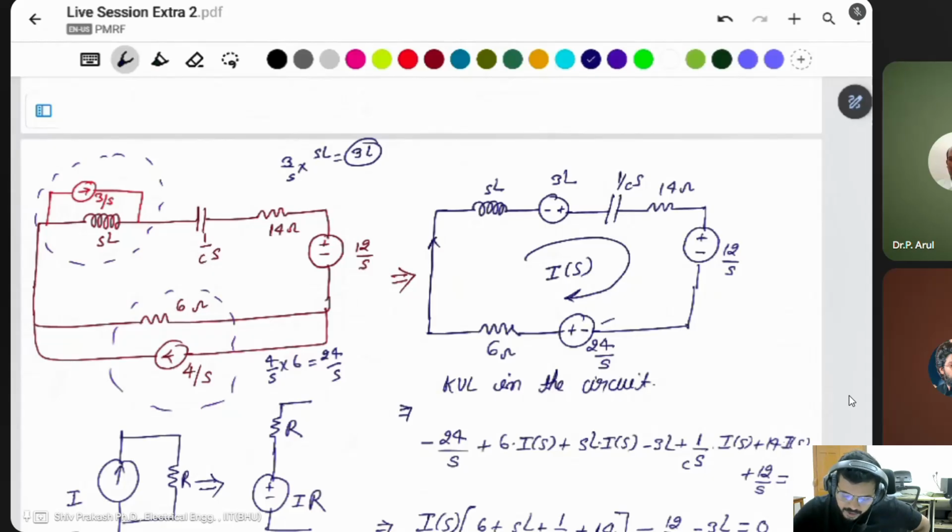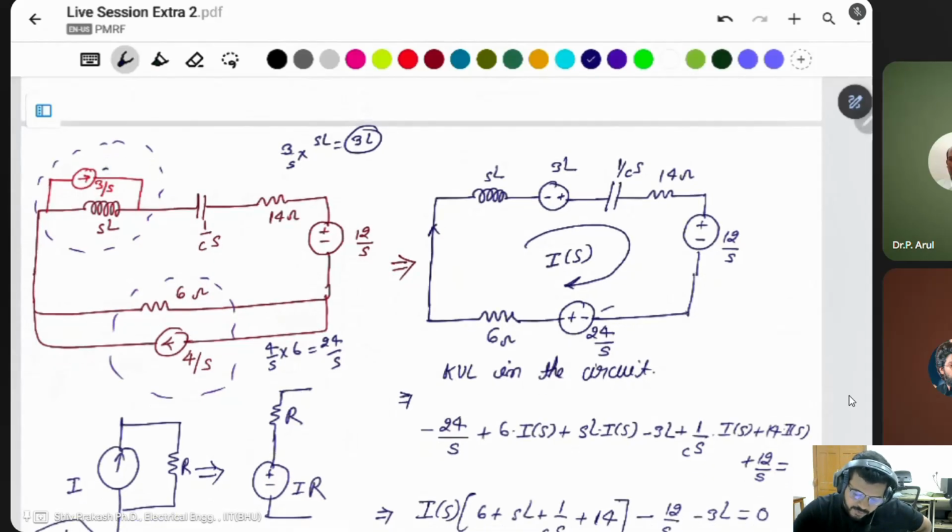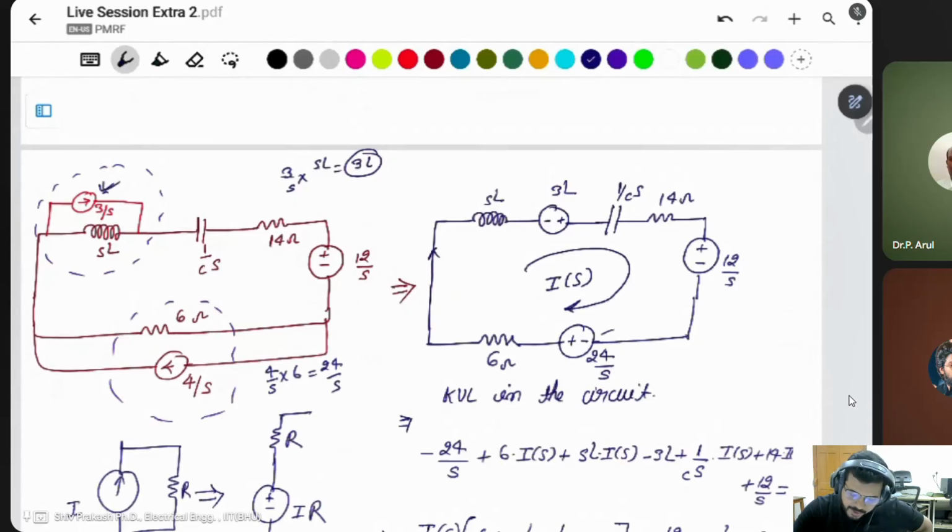That's why I make the circuit like this: this is the initial voltage, the initial current 3 by S is here, SL is the Laplace of the inductor, 1 by CS is the Laplace of the capacitor, 14 ohm the same, 12 volt means 12 by S, and this is 6 ohm, this is minus, and this is 4 by S, the current source 4 given in the circuit.